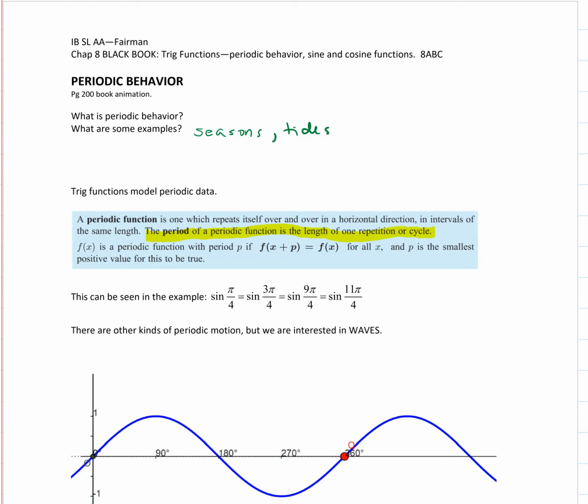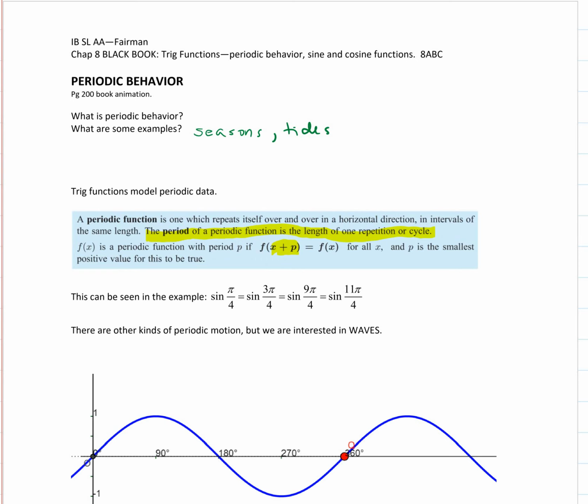You can say that f of x is a periodic function with a period of p if when you add the period to your input, so when I have x plus p, it is the same as f of x, for all x's, and p is the smallest positive value for this to be true.